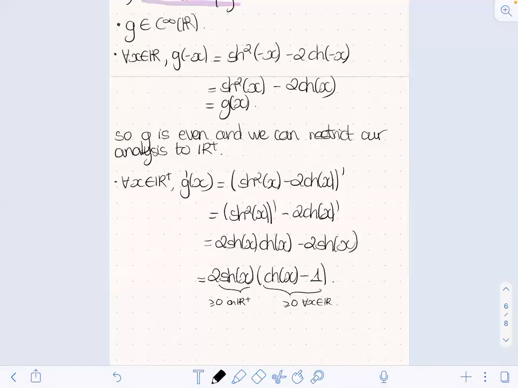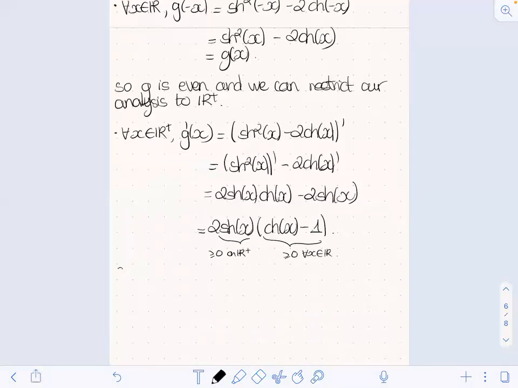Okay, so if we combine the two, for any x on R plus, combining these two properties, we get g prime of x positive. Okay, so that's going to help quite a bit when it comes to establishing the set where g of x is smaller than 0, because as g prime is positive on R plus, the function is always going to be increasing.